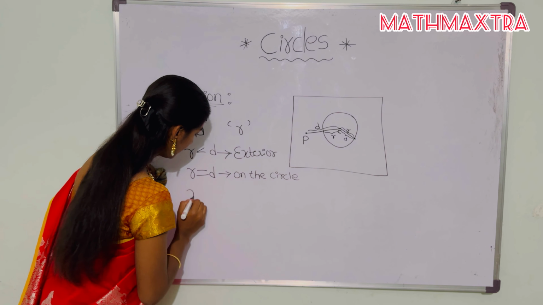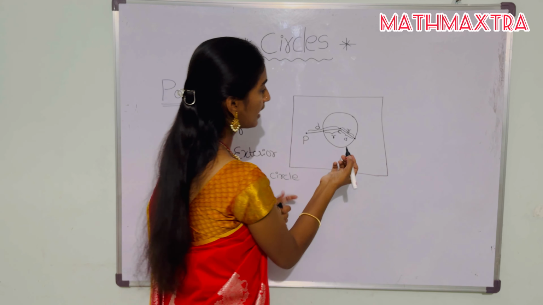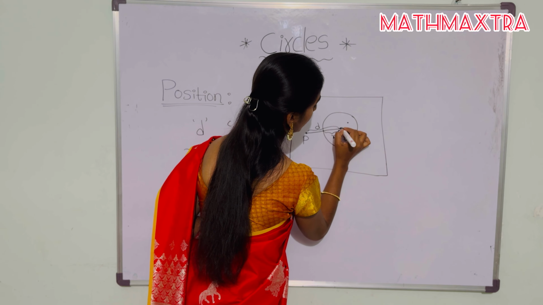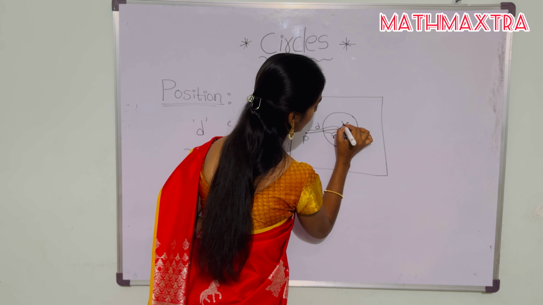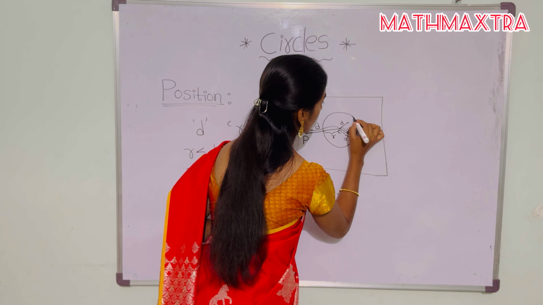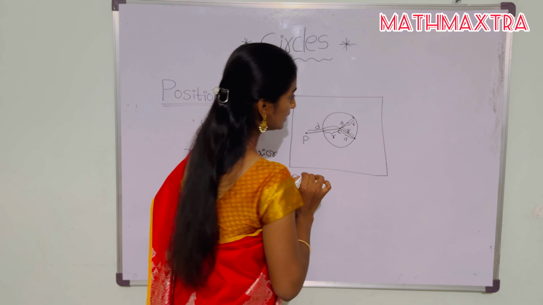If R is greater than D, what happens? If you consider the point here and this we are considering D distance, and up to here this is R, isn't it?